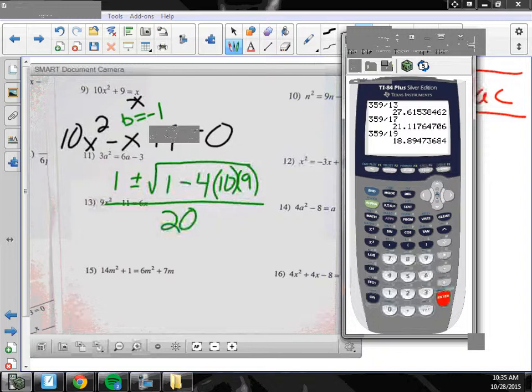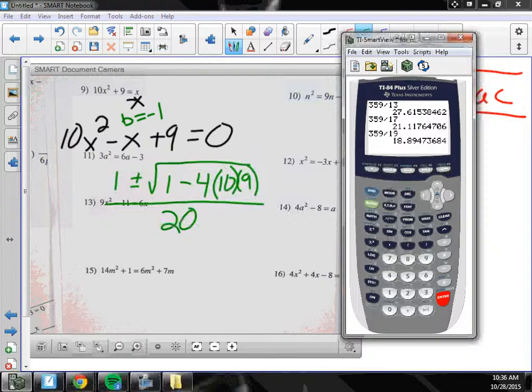Why not? Well, the number I got out when I divided by 19 is smaller than the number I plugged in, so I've checked everything. When I tried 13, I got 27, so I got to keep going. When I tried 17, I got 21. That's still bigger. But 19, I got 18, so that means we've tried every prime number up to the halfway point, and none of them worked, so it's prime.